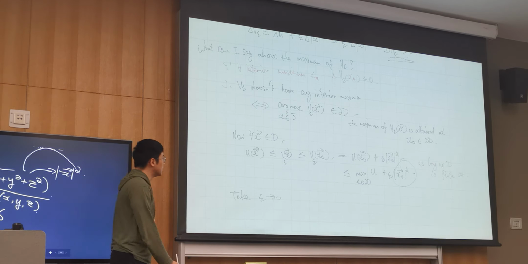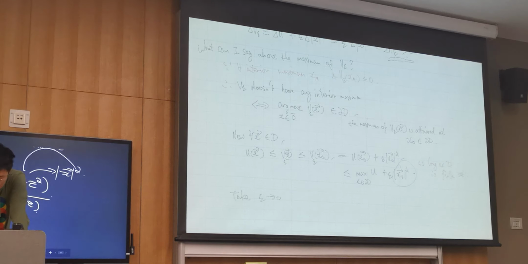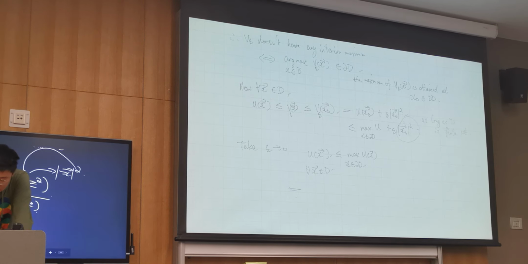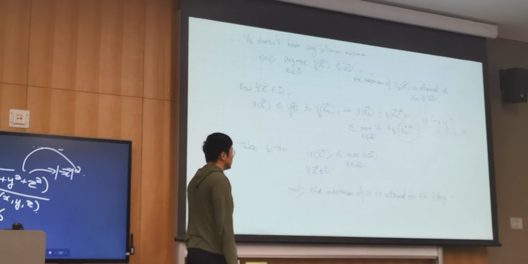That tells me that u(x) for any x within the domain D is always smaller or equal to the maximum of u where x is chosen on the boundary. So finally, this means that the maximum of u is attained on the boundary.